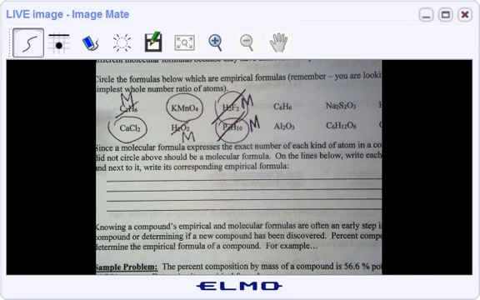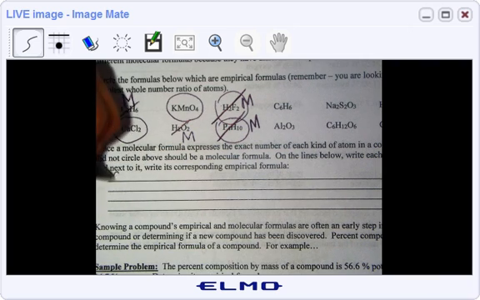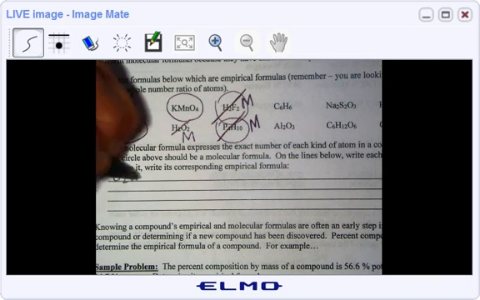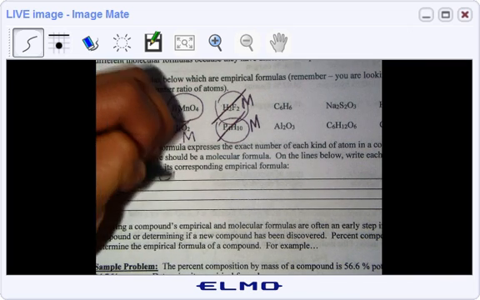Okay, I just want to show you how to do it on this side. Down here it says write each of the molecular formulas and the corresponding empirical. So let's write the ones that were not reduced. C2H6 will become CH3.